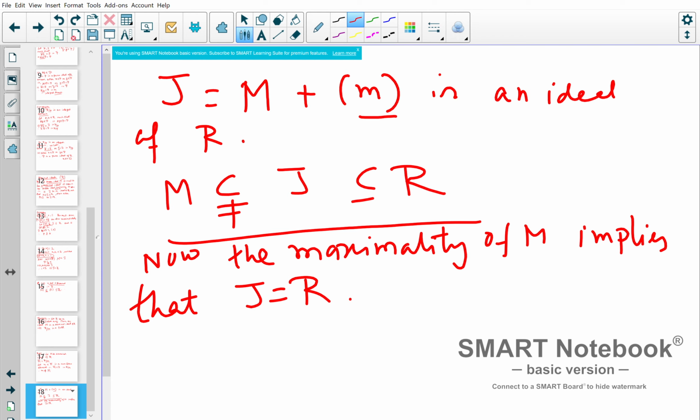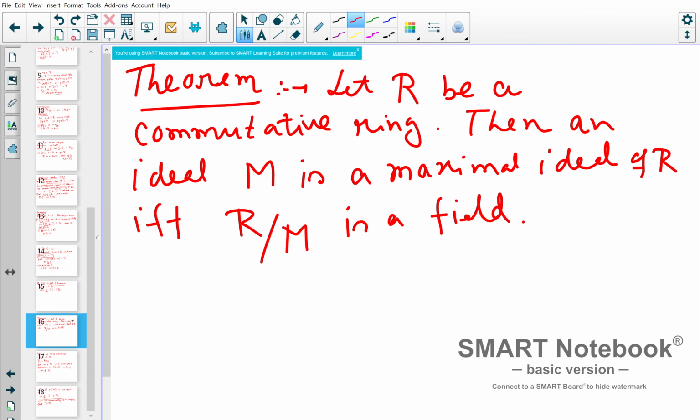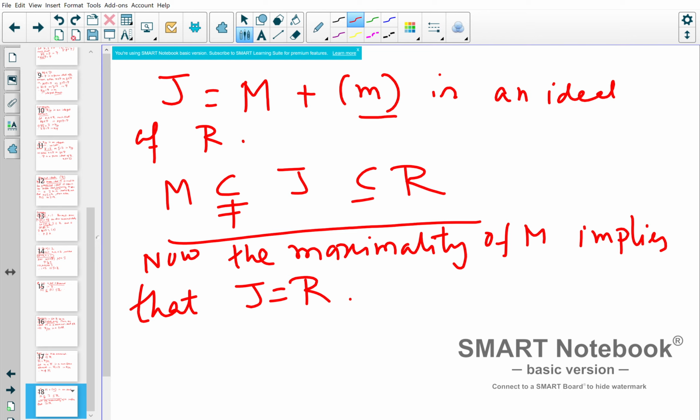So this thing I need to assume here: a commutative unitary ring. Yeah, I need that. And maybe I will give you a proof that this is needed indeed.